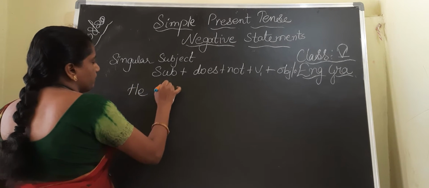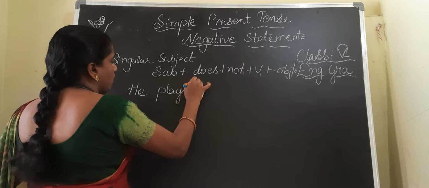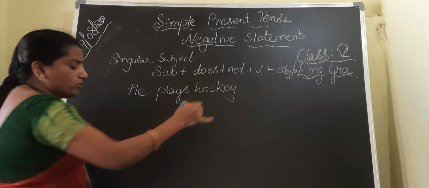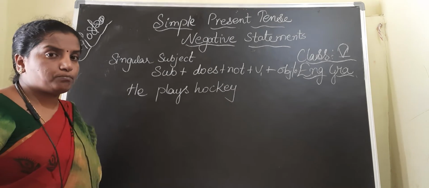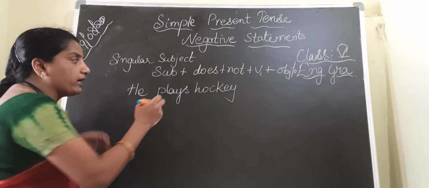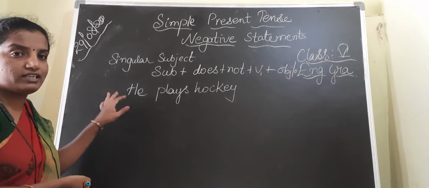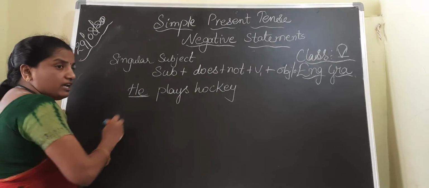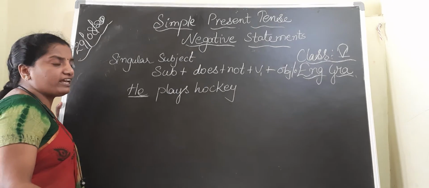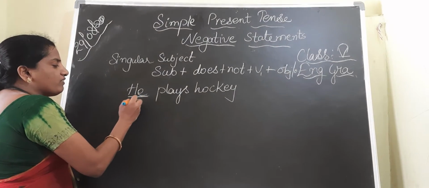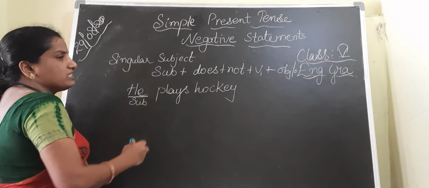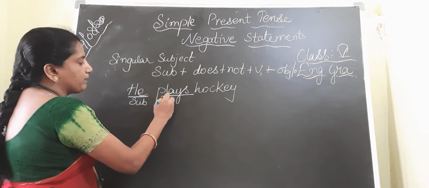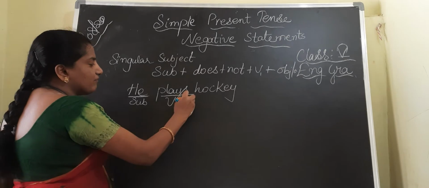He plays hockey. Suppose, children, this is a statement given to you, and I have to write the negative statement for this. First of all, identify the subject. Here, who is the doer of the action? He. Whoever the doer of the action is, that is known as the subject, and the action done by the subject is known as the verb.